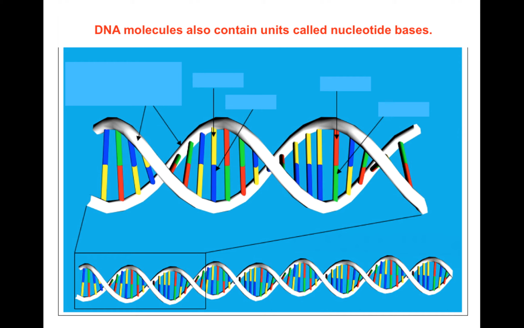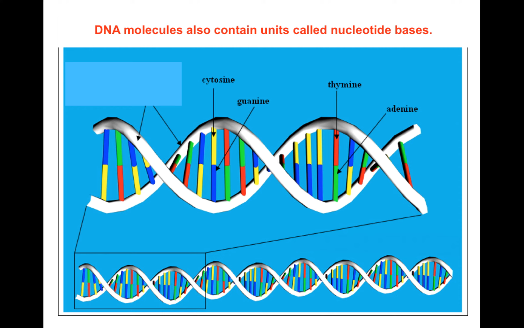There are 4 different nucleotide bases: cytosine, guanine, thymine, and adenine. Now, in our actual DNA, or the DNA of anything, they are not colored like this, but we're using these colors to show the 4 different nucleotide bases.